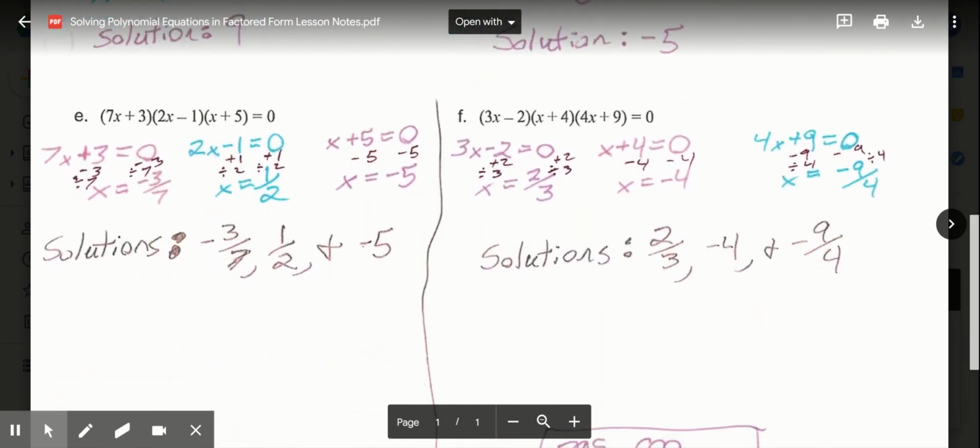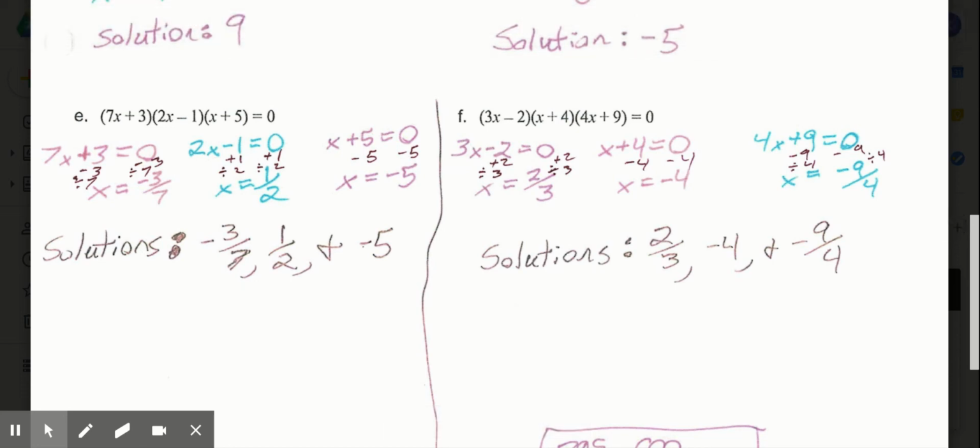So we take the 7x plus 3 and set that equal to 0, 2x minus 1 set equal to 0, and x plus 5 set equal to 0. Then solve each one of those for x.